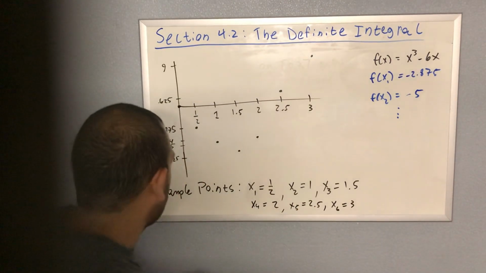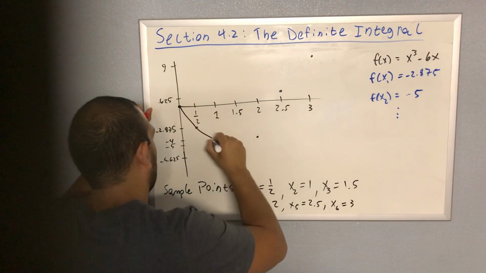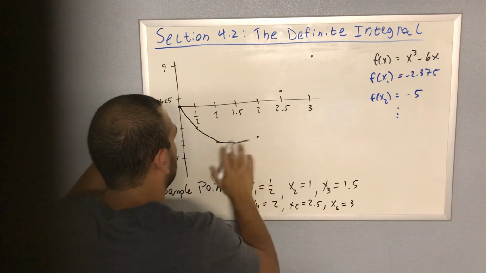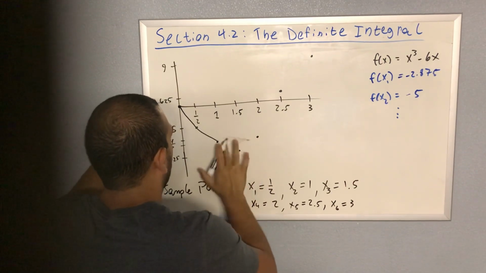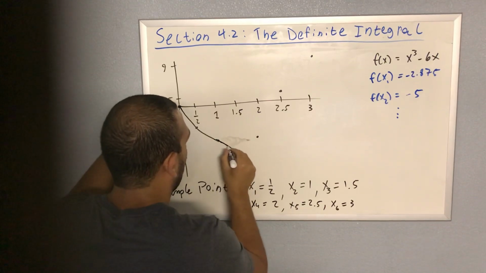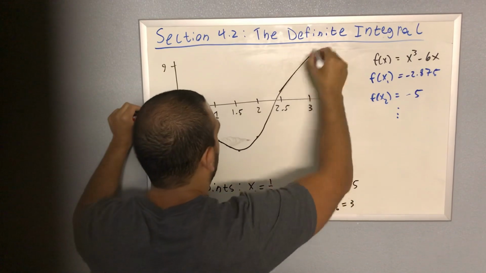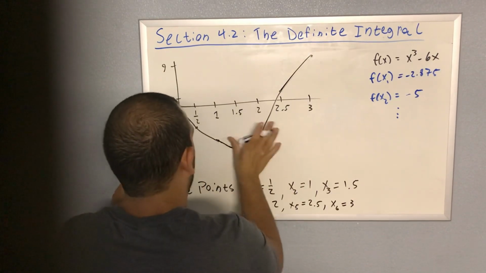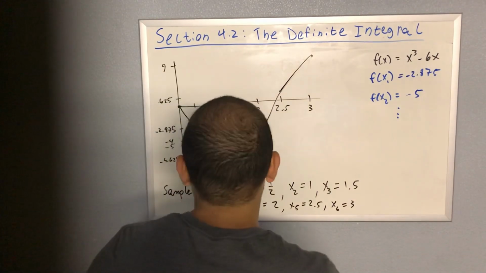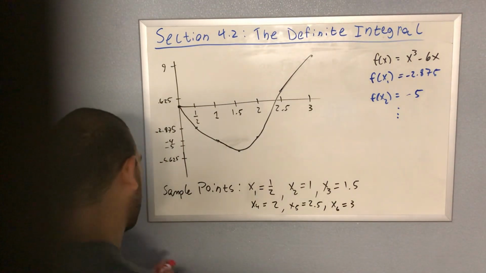And so let me fill this curve in now. Okay, so maybe the curve looks something like this. Again, my drawing skills are not the best, so you just have to bear with me.